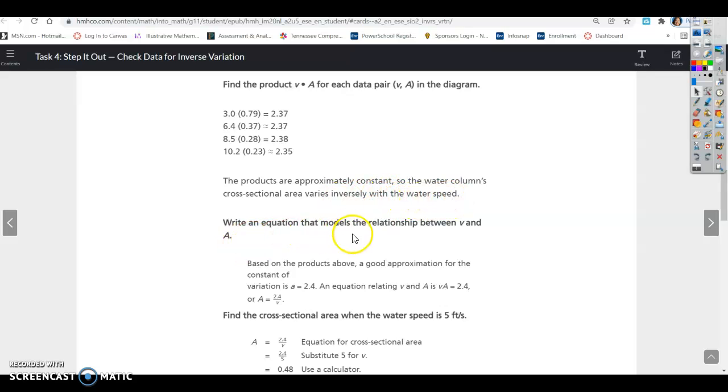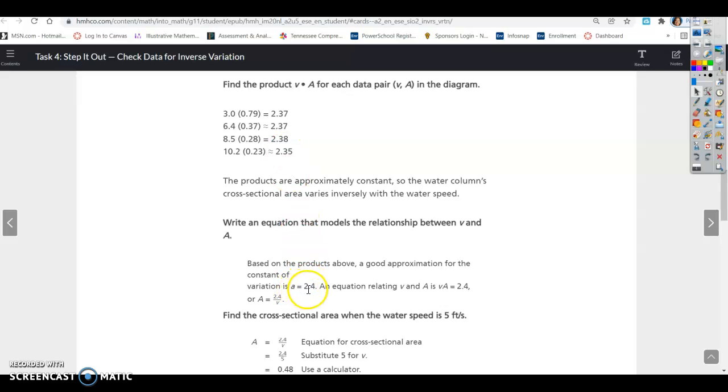So it says write an equation that models the relationship between V and A. Based on the products above, a good approximation for the constant of variation is 2.4. So all of these can be rounded to 2.4.